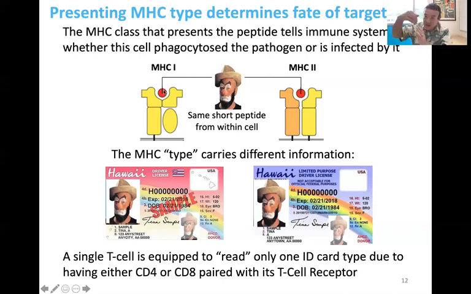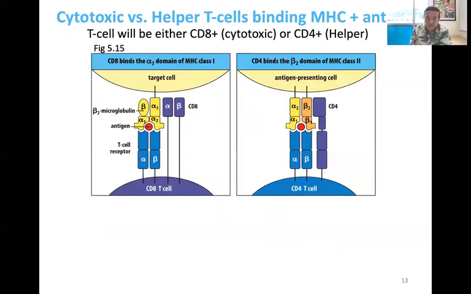No, it will recognize it because its T cell receptor is the right shape. But once the CD4 kind of swings over, the CD4 co-receptor is not going to recognize MHC1. So as a result, that helper T cell just moves on and doesn't do anything. All right, because remember, these cells can all be interacting. It's just whether or not the right combination of signals takes place so that the next step can happen.